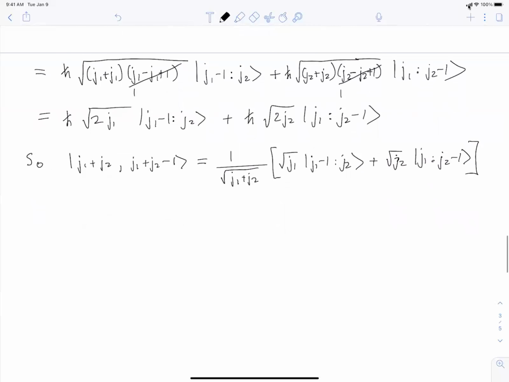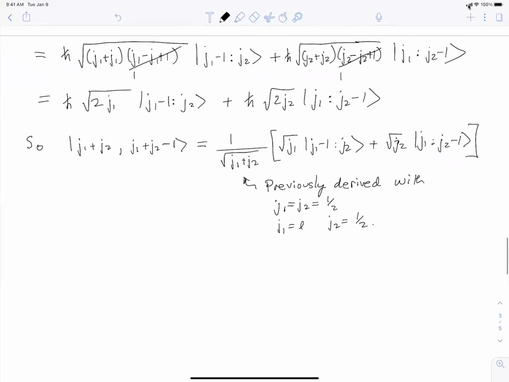We had previously derived this exact same thing with J1 equals J2 equals 1/2, and then we did it with J1 equals L and J2 equals 1/2. So it's the same idea.